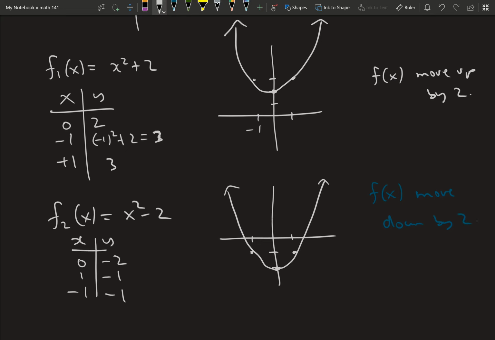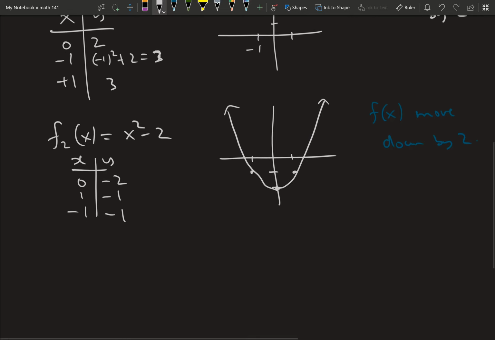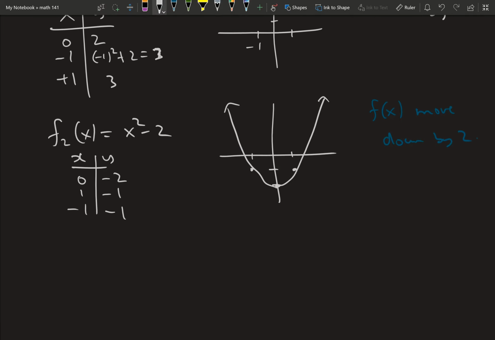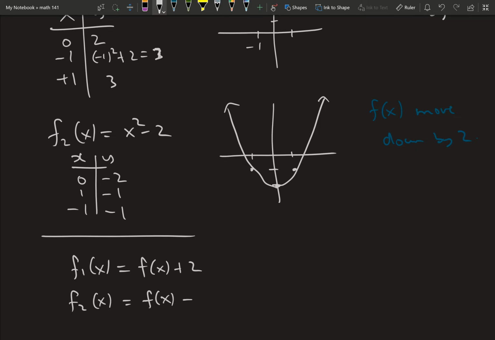Okay. So the general theme is, notice that f1 of x is f of x plus 2, and f2 of x is f of x minus 2. So the general pattern is as follows.